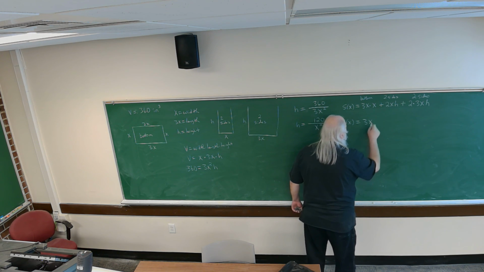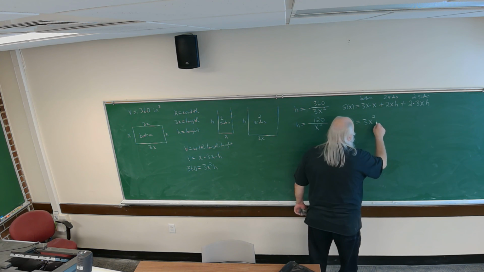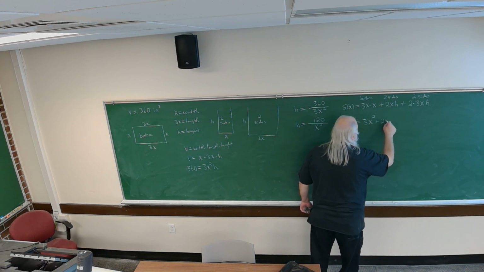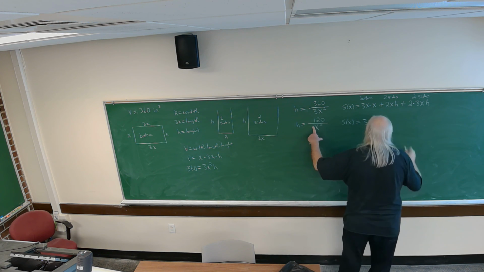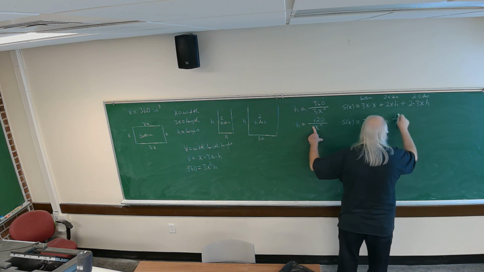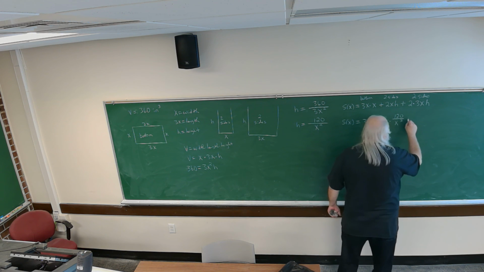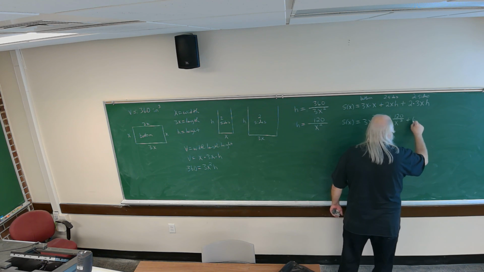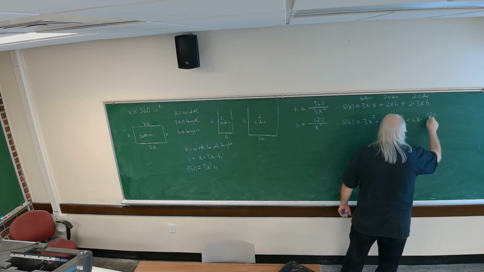Well, 3x times x is 3x squared. h is equal to 120 over x squared, so I just replace h with 120 over x squared. 2 times 3x is 6x, and h again is 120 over x squared.